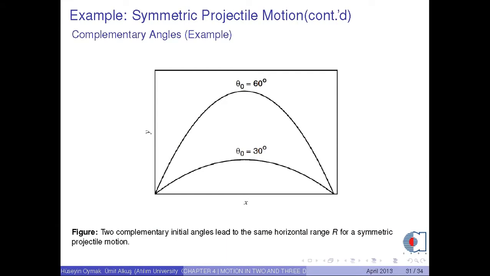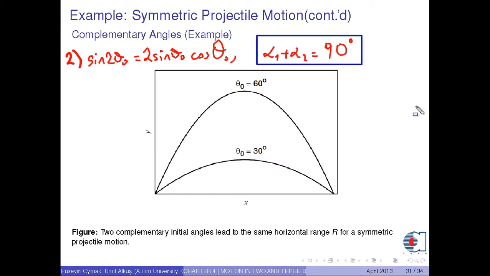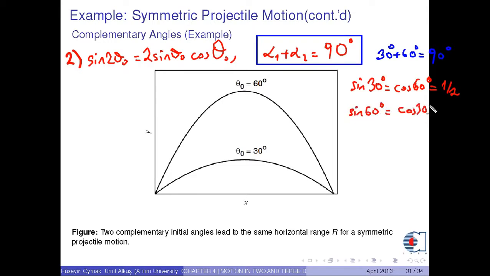The second consequence follows from the expression sine 2 theta 0 equals 2 times sine theta 0 times cosine theta 0, which tells us that for two complementary initial angles, that is angles which add up to 90 degrees, say 30 degrees and 60 degrees, we have the same sine 2 theta 0 values because sine of the angle 30 degrees equals cosine of the angle 60 degrees, and vice versa.